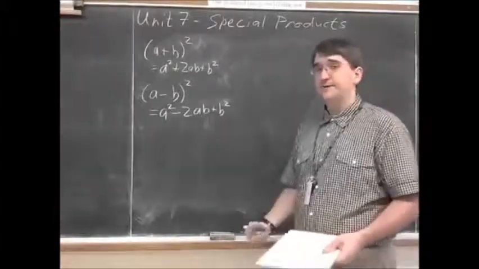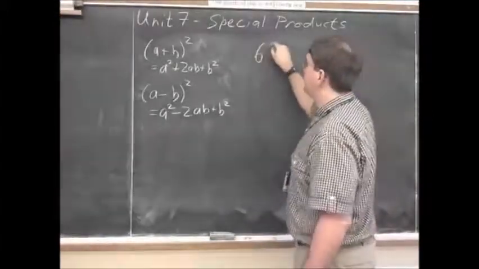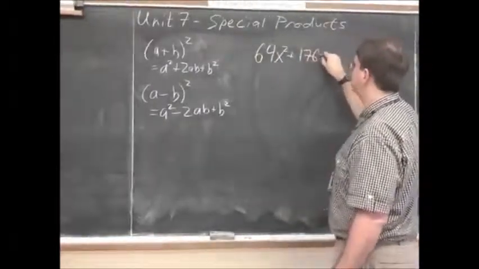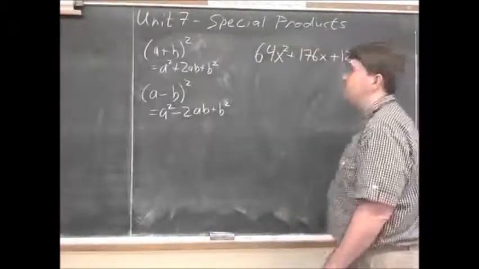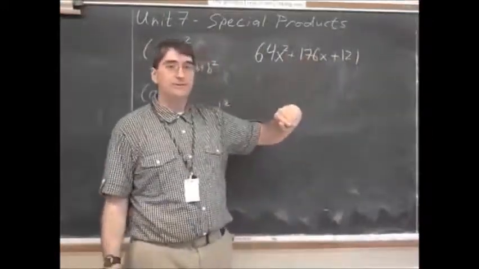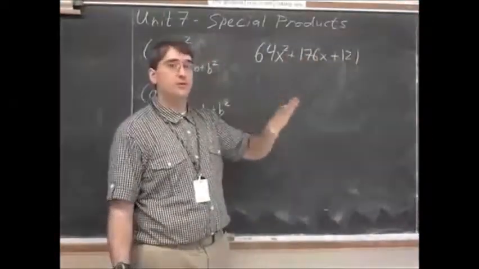I'll give you kind of a worst case example: 64x squared plus 176x plus 121. You could do this using splitting the middle, but keep in mind what that would involve.